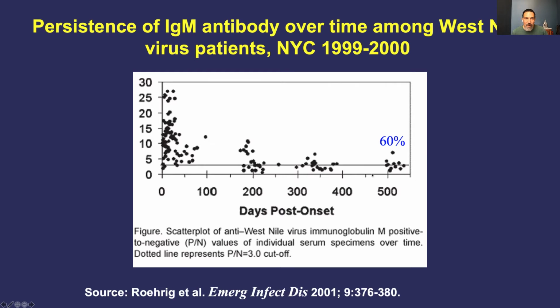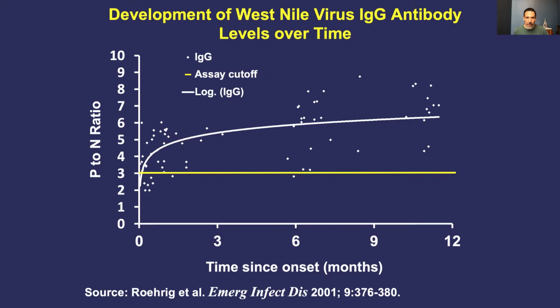However, even out to 500 days after their illness onset, 60% of those West Nile patients were still producing IgM antibodies. And looking at the IgG antibodies, those antibodies that indicate infection sometime in the past, all of the West Nile patients were making IgG antibodies by 12 months after infection.